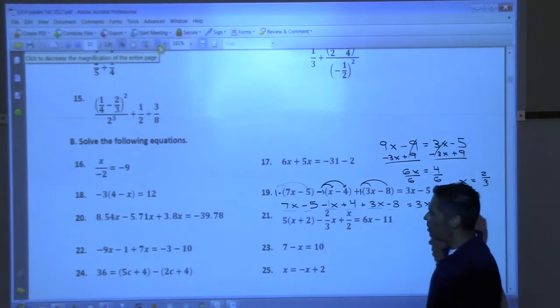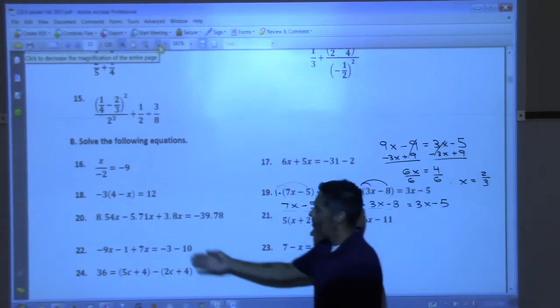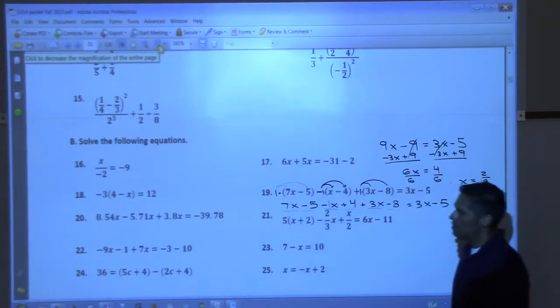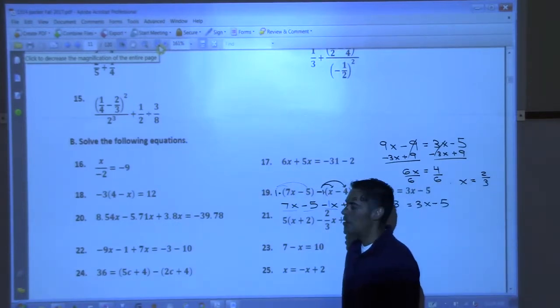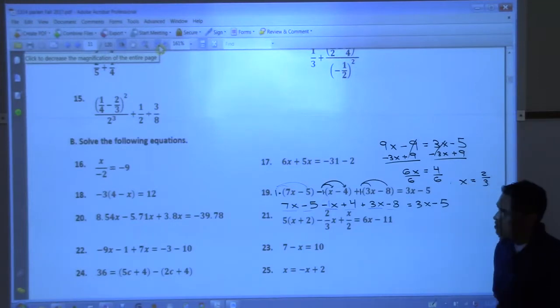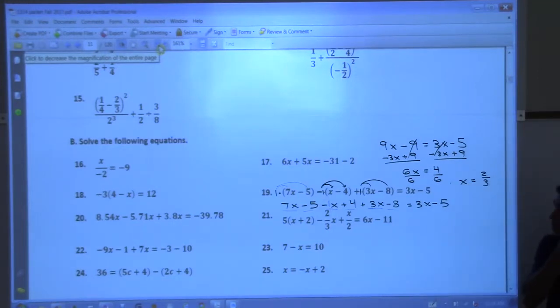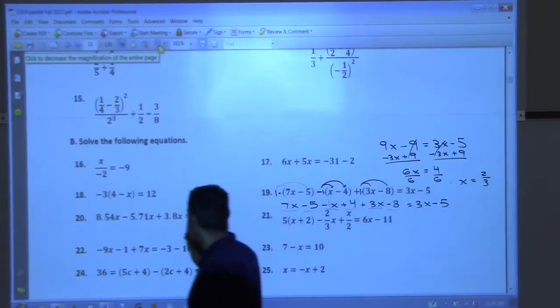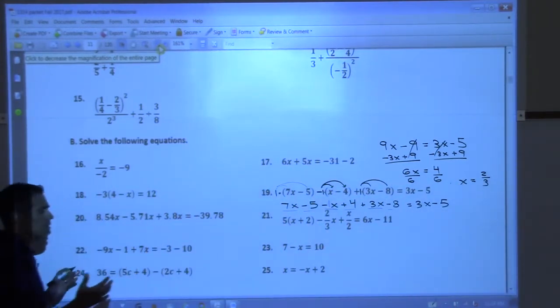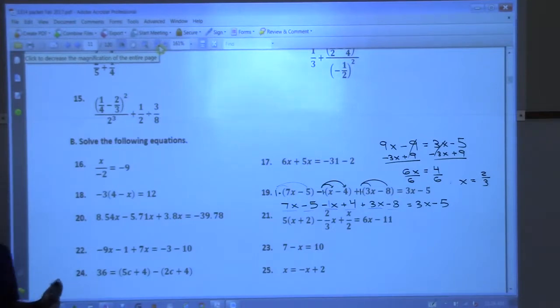Okay. While we're here and while we're looking at it, what about number 20? Did you just use your calculator and just do decimals? Okay. Everyone's comfortable with that? All right. I'll just show you there is a technique to do this where you can get away from the decimals completely by multiplying both sides of the equation by a number that would essentially remove decimals.